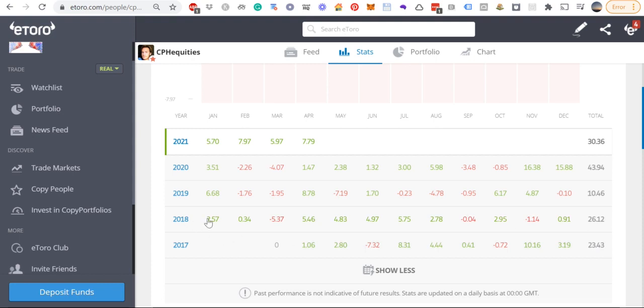So this guy did very well in 2018. A lot of professional funds and a lot of investors were negative in 2018 because it's a very bad year for investing in general because of what was happening with central banks. And so that's a very, very good return. So that's a very good sign for this guy.